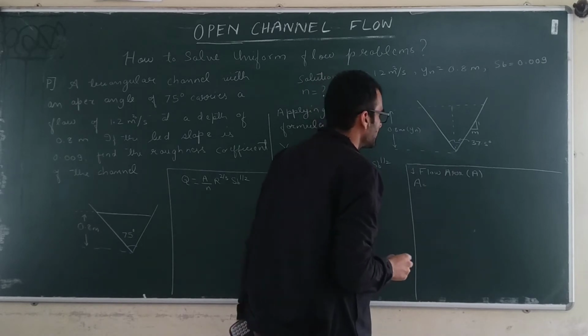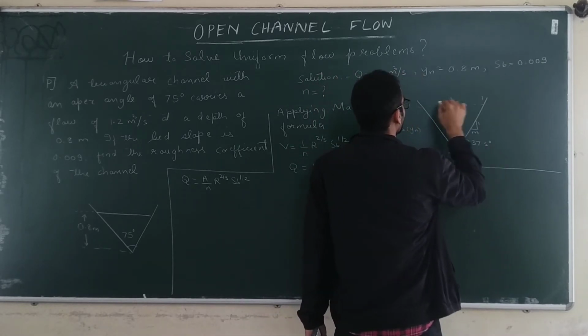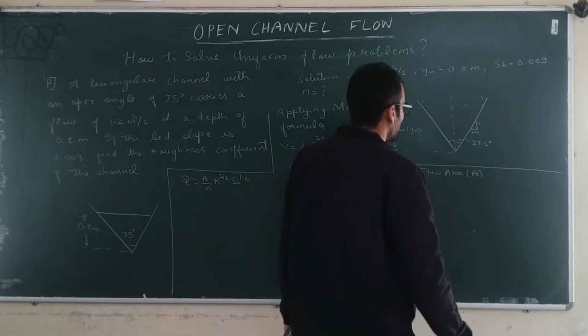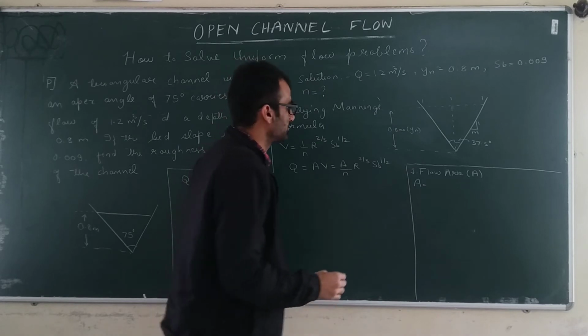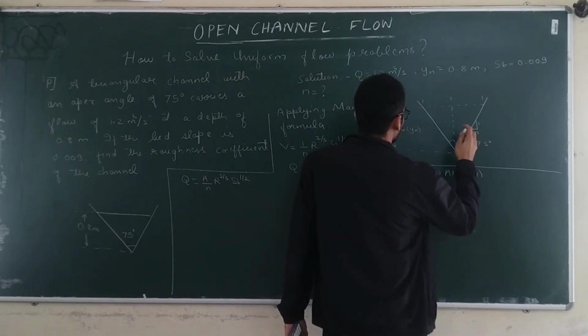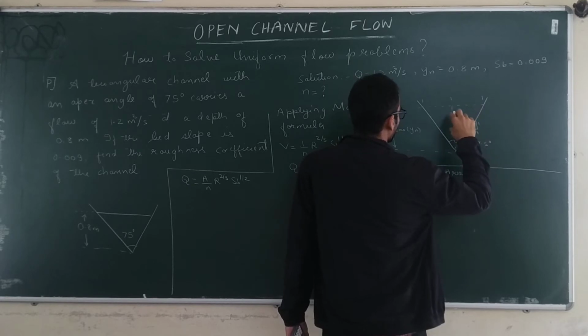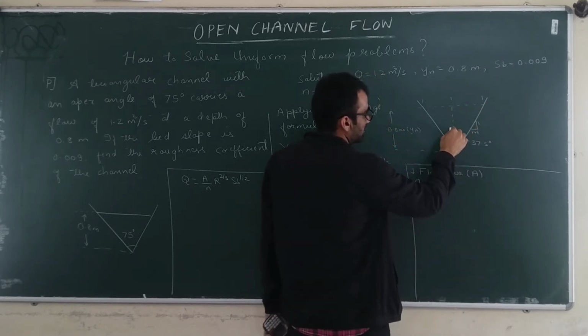How to calculate base width? We need these dimensions. So easily you can calculate using trigonometry. What is known here? For this angle, opposite is unknown, adjacent is known.